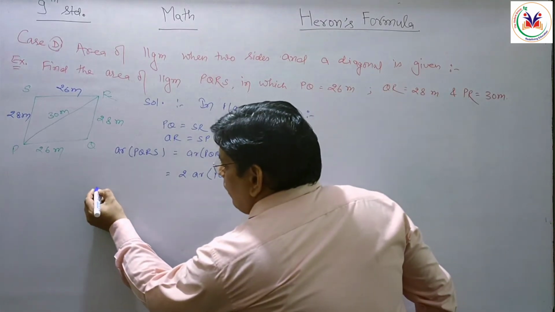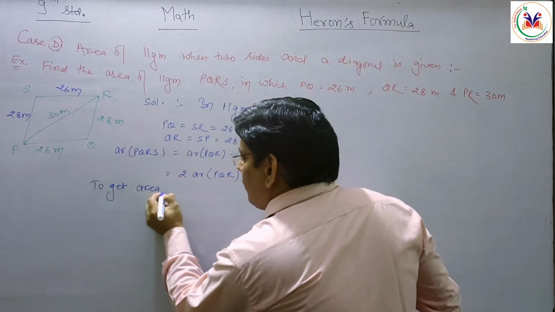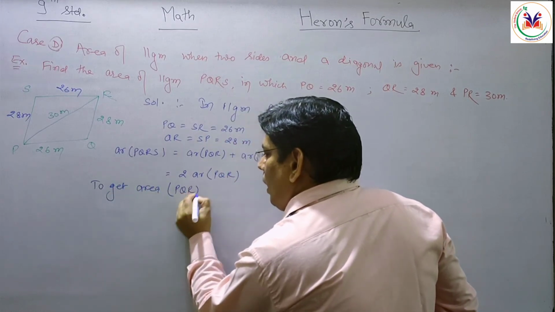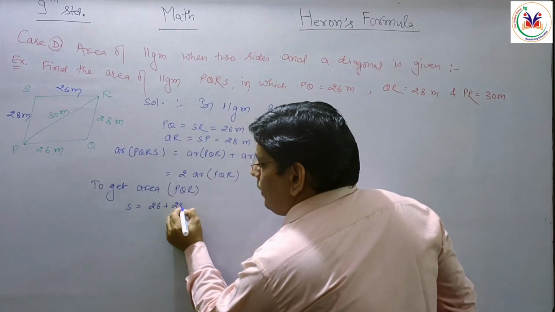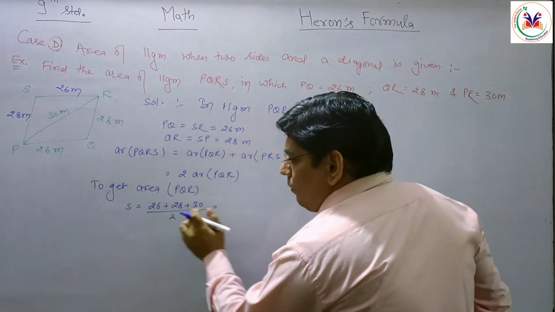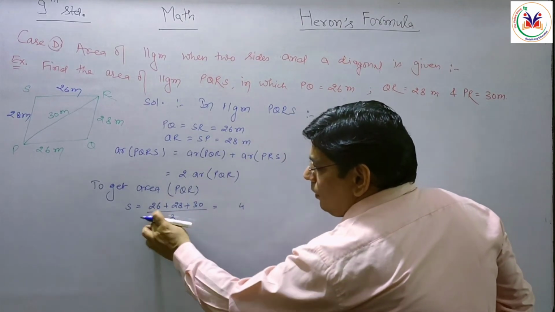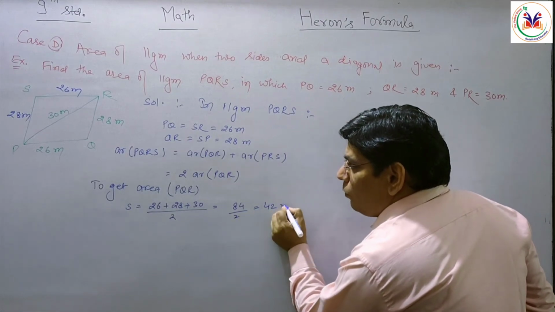Now to get the area of PQR, first of all we will find S. 26, 28 and 30 divided by 2. 6 and 4, carry 1, 3 and 2 is 5, 5, 3 and 8, divided by 2, 42 meter.